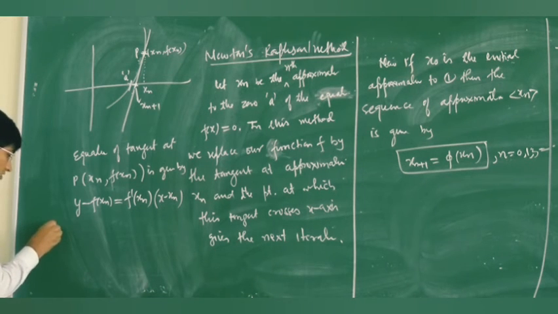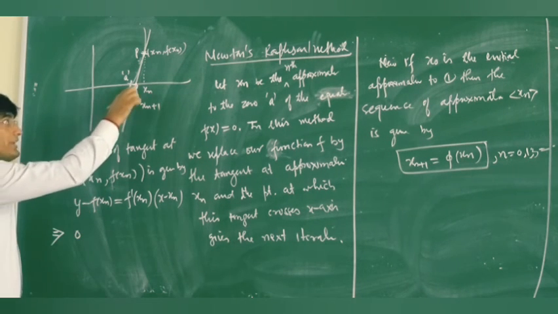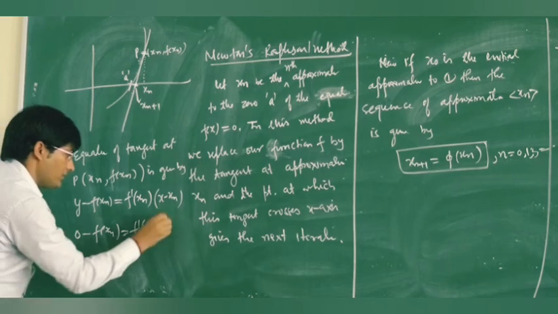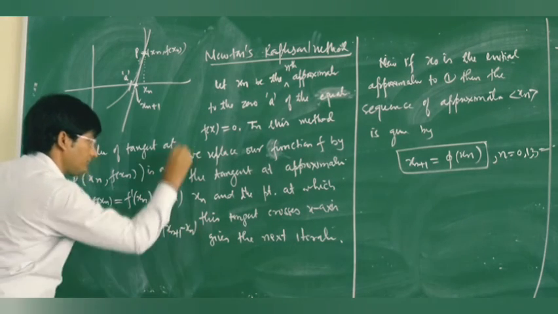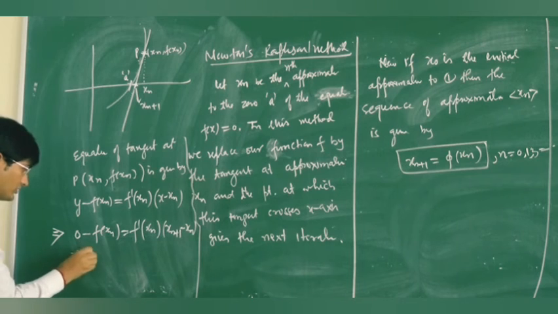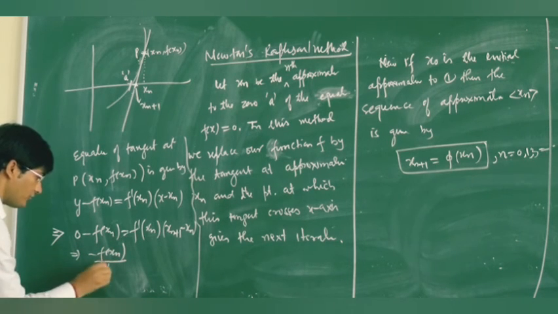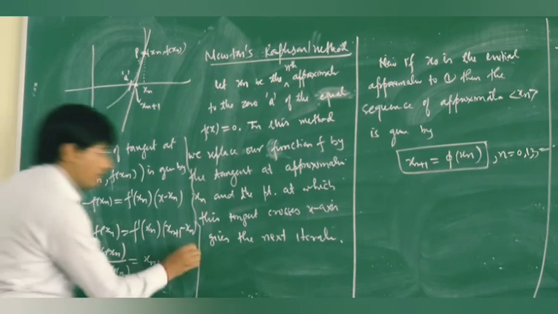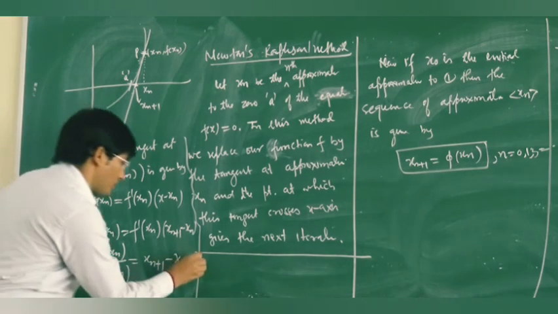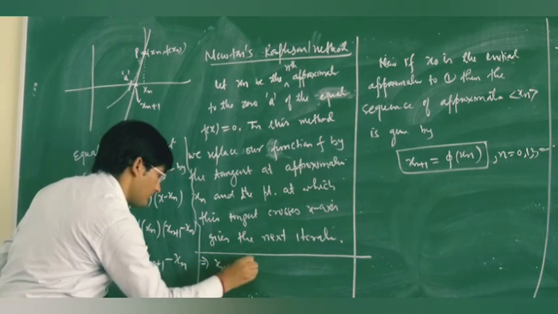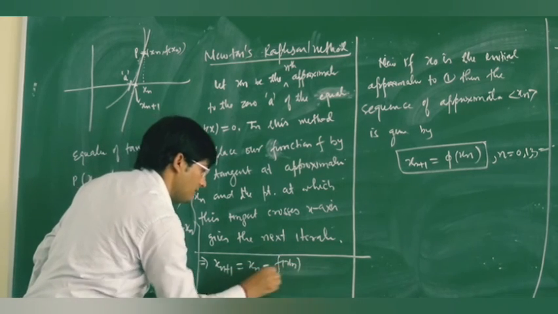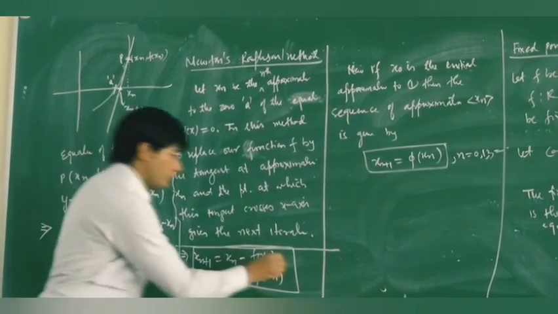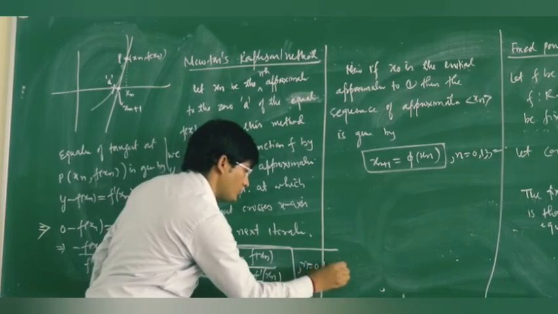So for the next iteration we have y equal to 0, and the value of x at this point will be equal to xn plus 1. So minus f of xn divided by f dash xn is equal to xn plus 1 minus xn. So from here xn plus 1 is given by xn minus f of xn divided by f dash xn, where n is 0, 1, 2, 3 and so on.